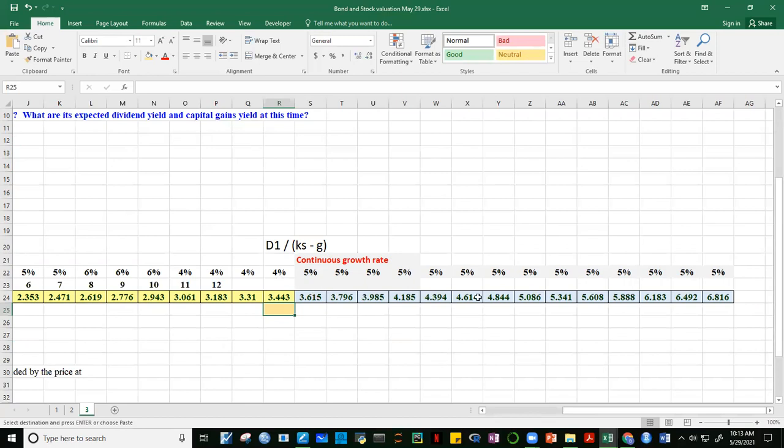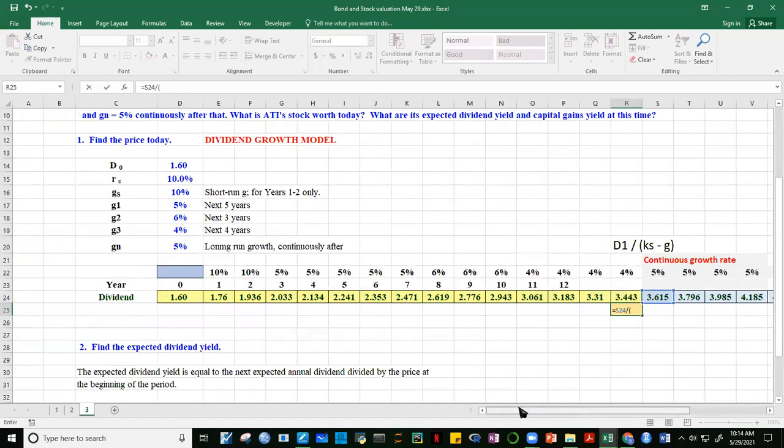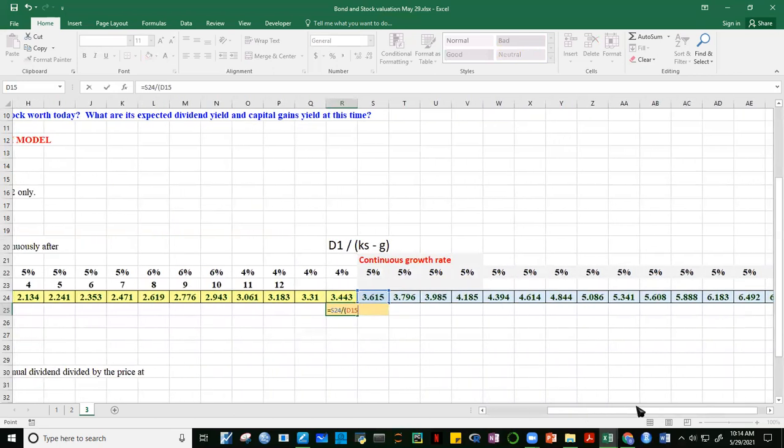Therefore, this whole stream we can replace with one single value, equal to D sub 1 divided by K sub S, which is given at 10%, minus G, the constant growth rate, 5%.